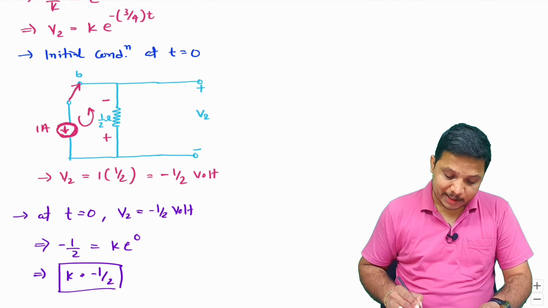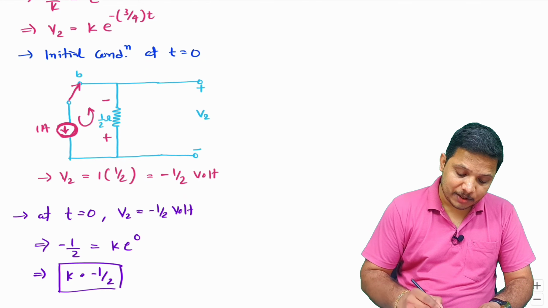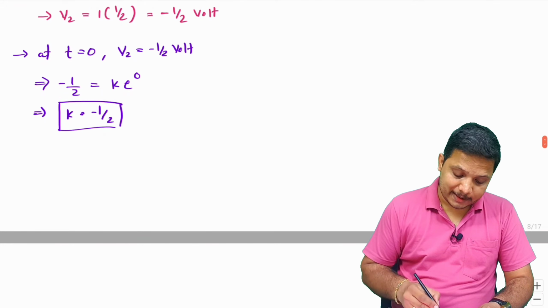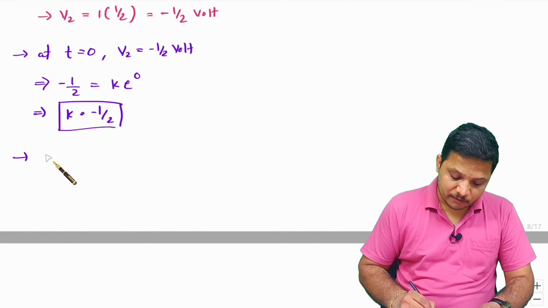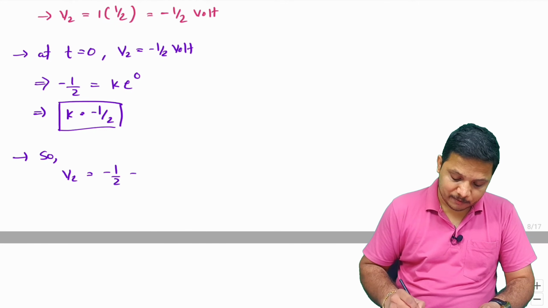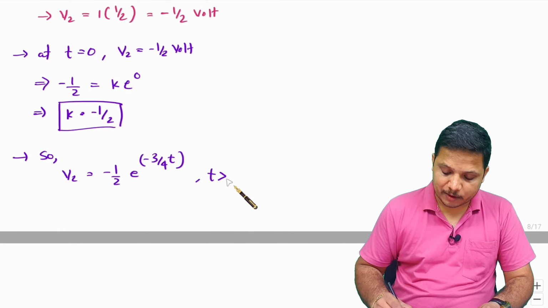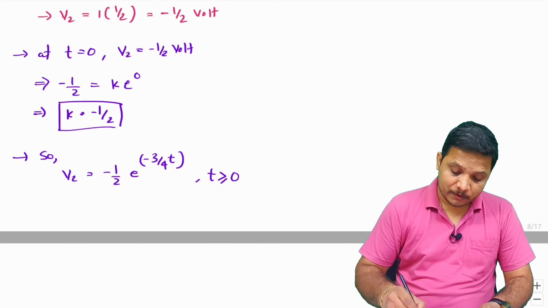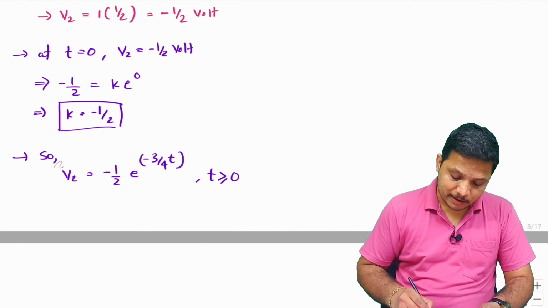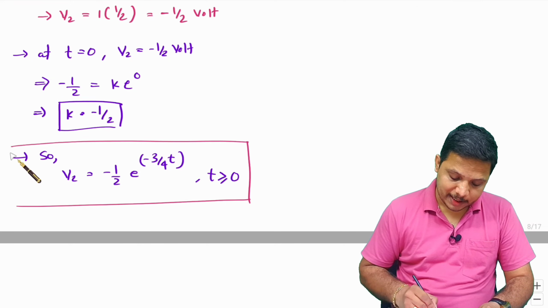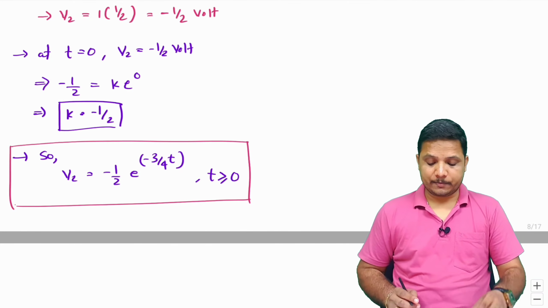So now I got the value of the constant, I can place that in this equation, and I'll be having V2, right? So I can say the expression of V2 will be V2 equals minus half e to the power minus 3 by 4 t, and this is what we are having for t greater than or equal to 0. So this is the basic calculation which we have done to identify the expression of V2(t).